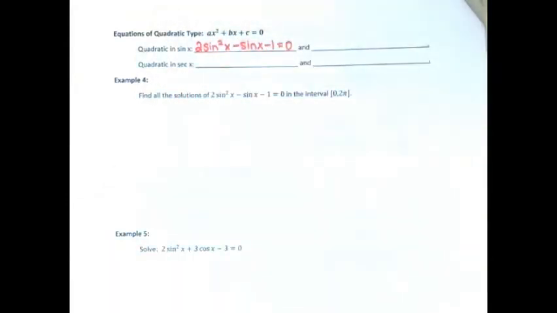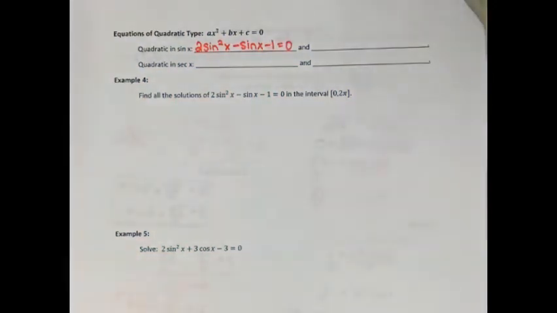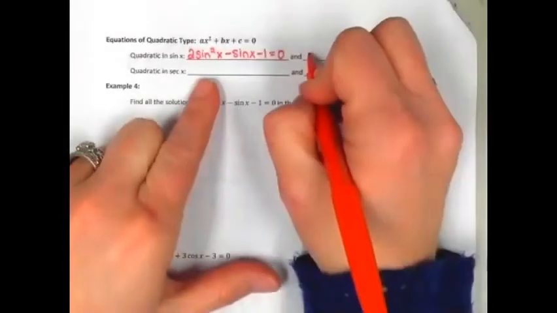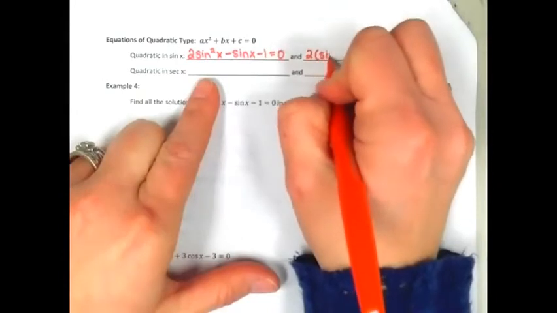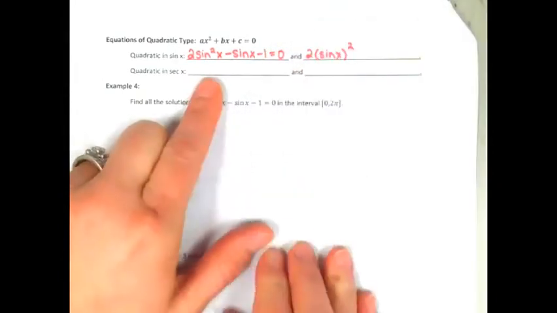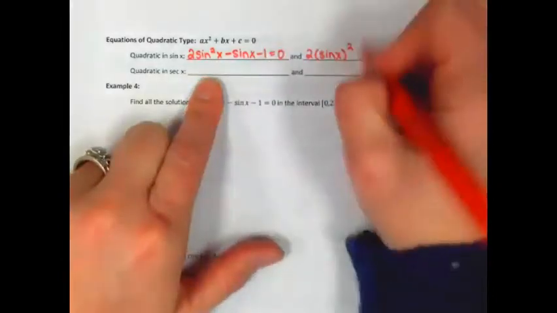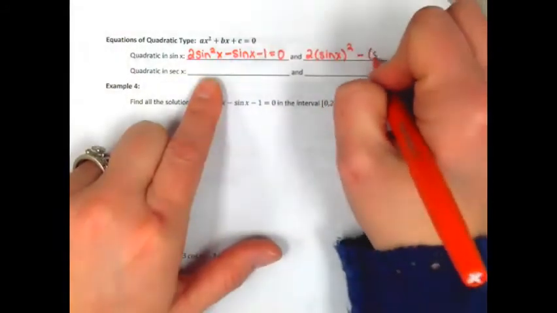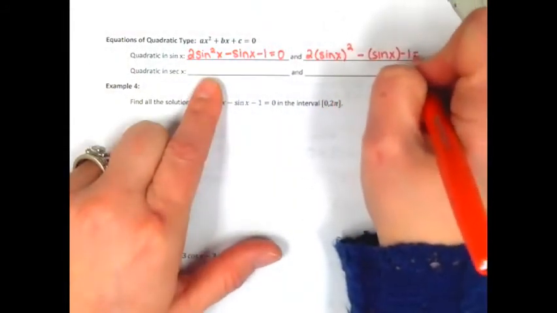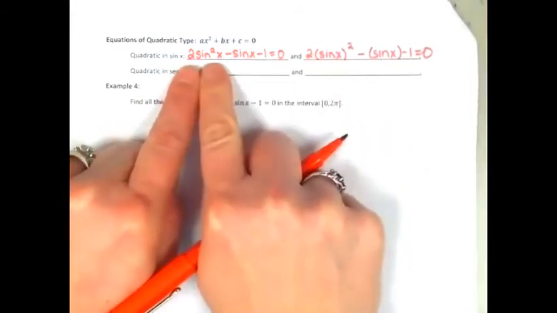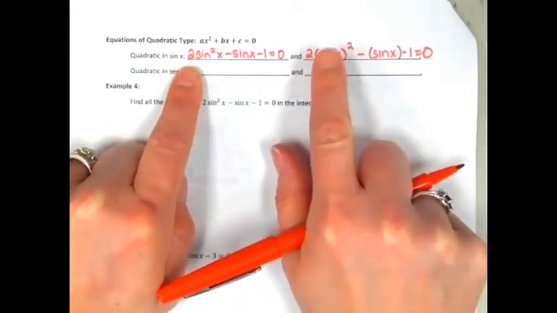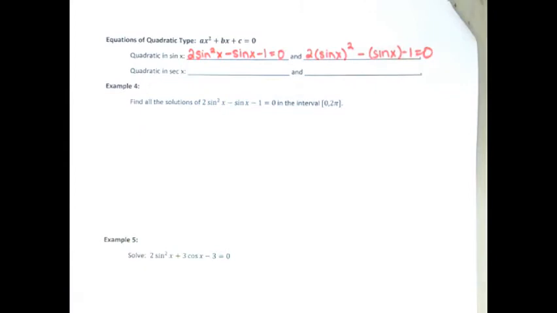So that could be a quadratic in sine. You could also see it as if they put the sine in parentheses and square it. That means the exact same thing, doesn't it? So sometimes you might see sine squared or the quantity of sine squared. Those are going to be the exact same thing, right?